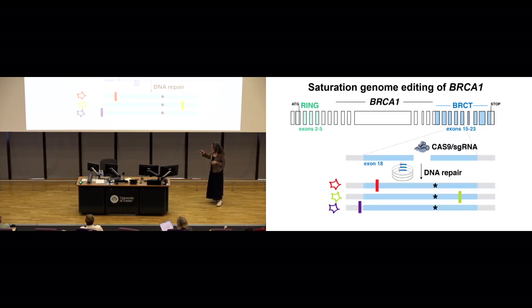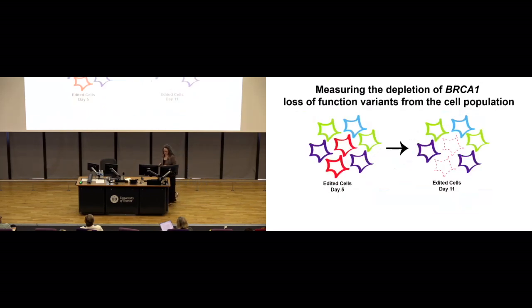And then as the cells use these repair templates to fix this double-strand break, these single nucleotide variants become integrated into the genome. And each cell then, because it's a haploid genome, has one copy now of a single nucleotide variant in the genome that we engineered. And then we just wait, because BRCA1, for example, is essential for this cell to grow.